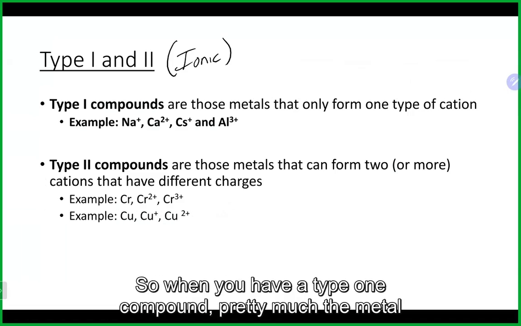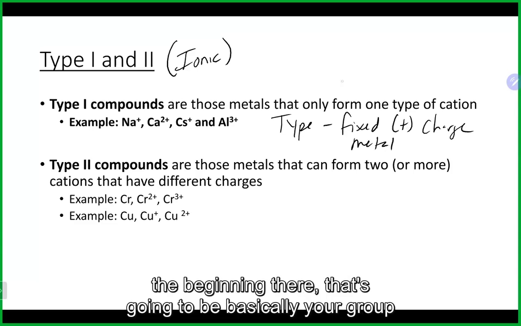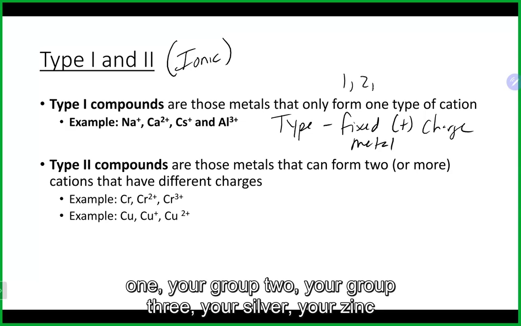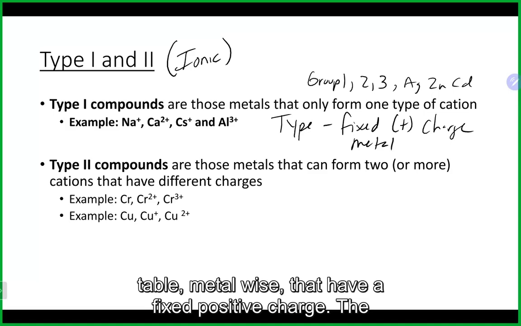So when you have a type 1 compound, pretty much the metal has a fixed positive charge for the metal. And as I mentioned at the beginning, that's going to be basically your group 1, your group 2, your group 3, your silver, your zinc, and your cadmium. So these are the guys here on the periodic table, metal-wise, that have a fixed positive charge.